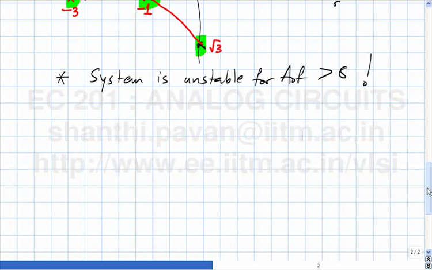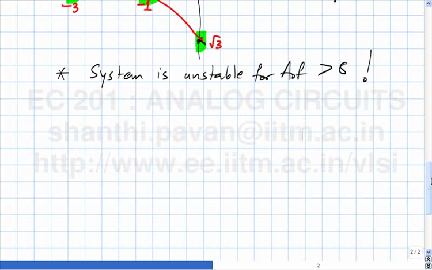So the question to ask is, is there some way in which I can have a large A naught F and the system be stable? This is a natural question, correct? Let's see if our prior experience can help us figure out a solution to the problem.